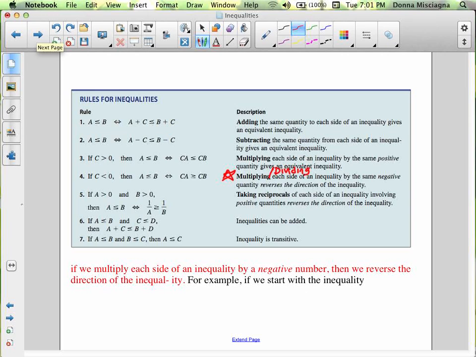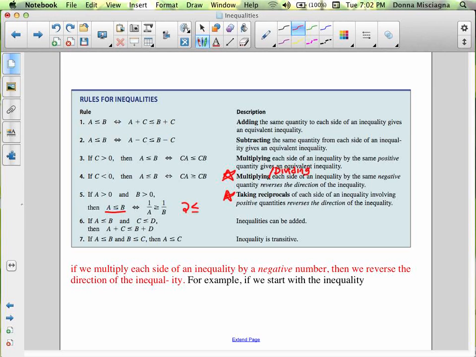Taking reciprocals of each side of an inequality involving positive quantities reverses the direction of the inequality. In other words, if A is less than B, then 1 over A is greater than 1 over B. And if we use a number example, you see that would have to be true. Let's just use 2 and 3.